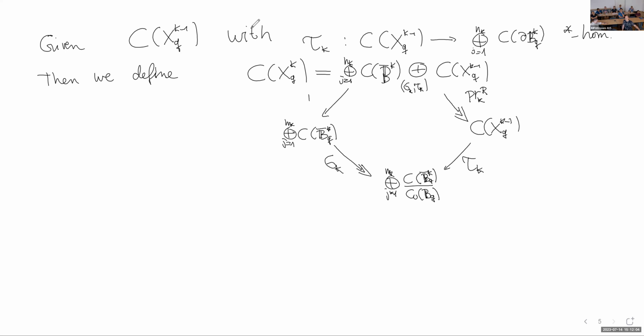Here we have projections on the left. No, that's not good. Let me call them. Okay, so remember this one. I go to another page. Another page of a spectral sequence.